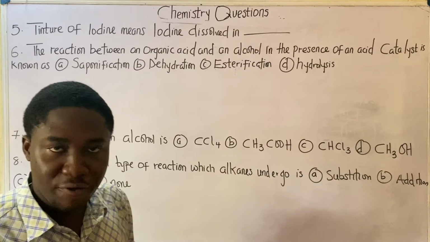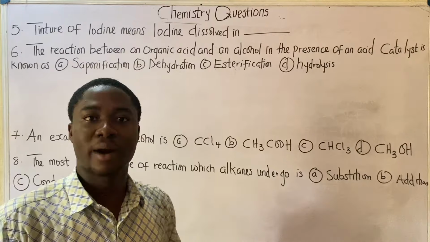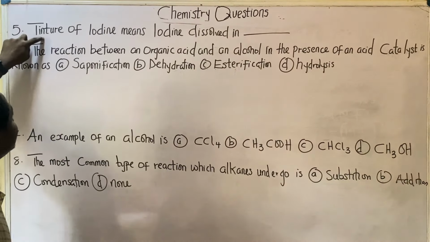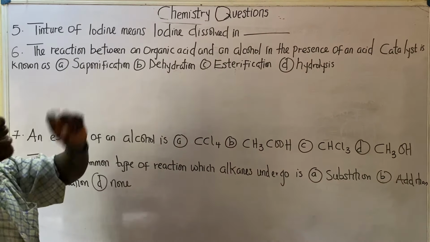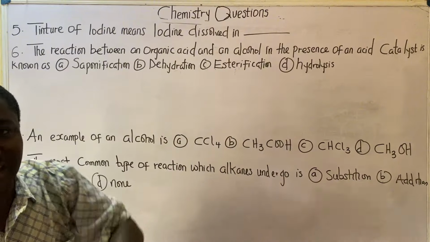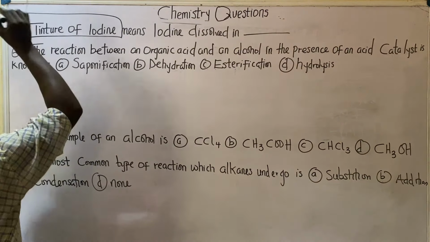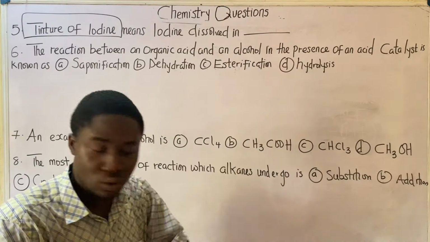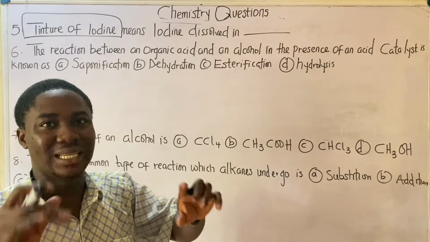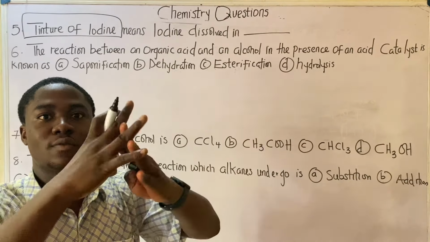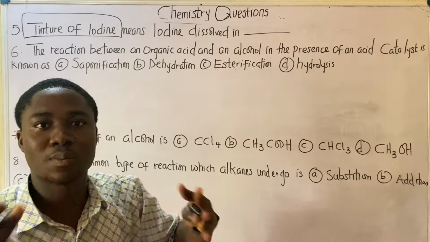Okay guys, moving further, let's get into the next practice question, and it says tincture of iodine means iodine dissolved in. Simple. Whenever we hear the word tincture of iodine, it is a mixture. Tincture of iodine is not an element. It is not a compound. It is a mixture, a combination of two different substances together. So tincture of iodine means iodine dissolved in what's the other?